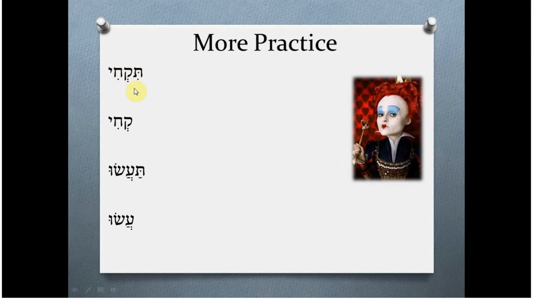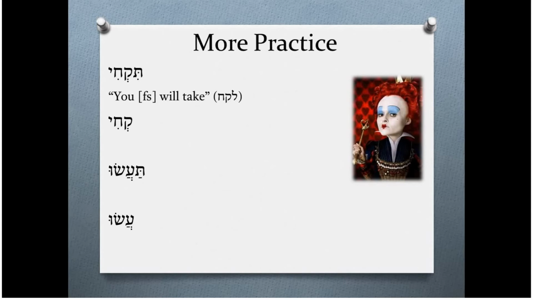But if tav is the prefix and hirik yod is the suffix, the ending telling us it's second feminine singular, what is the three-letter root? Do you remember? This is from lakach. You may remember lakach is one of those words that loses its prefix in the imperfect. So this is you, feminine singular, speaking about a female subject. You will take.